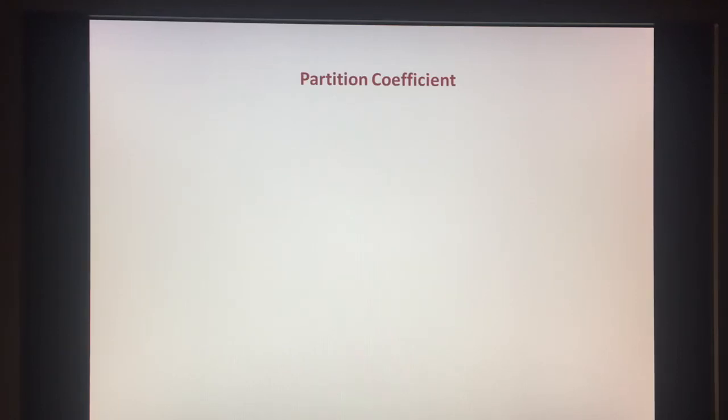In the previous video, we discussed the definition of medicinal chemistry. We also discussed various parameters, and the first parameter that we discussed was the pKa value. What is the meaning of that pKa value? How is it significant? How is it related to the pH value?